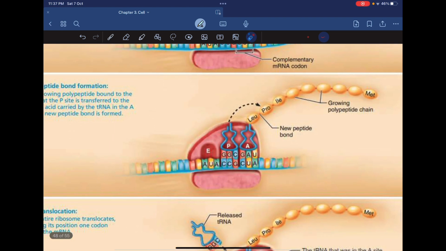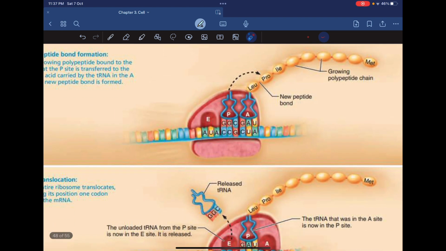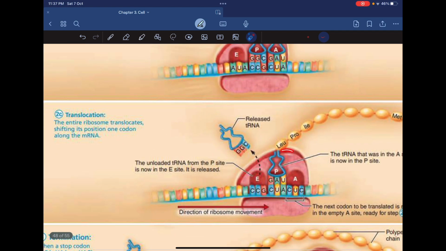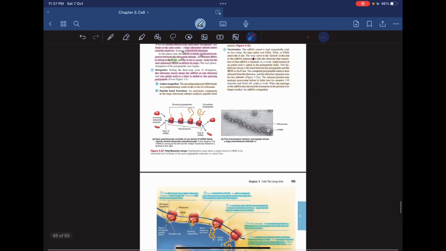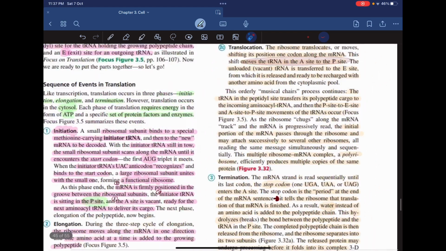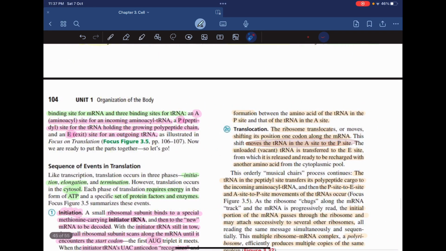After it hydrolyzes the bond, it breaks and the new tRNA comes again here. So yeah, between the amino acid of the tRNA in the P site and that of the A site.